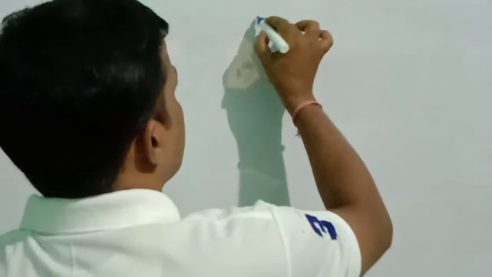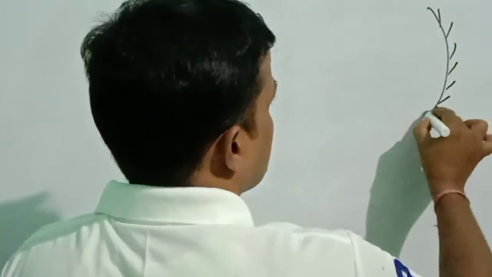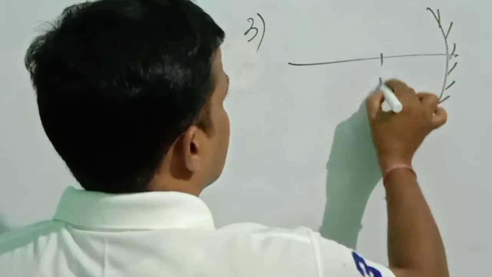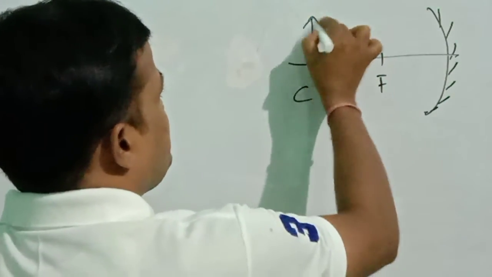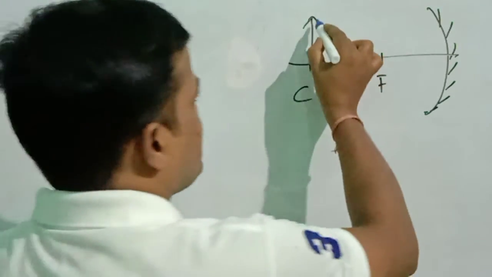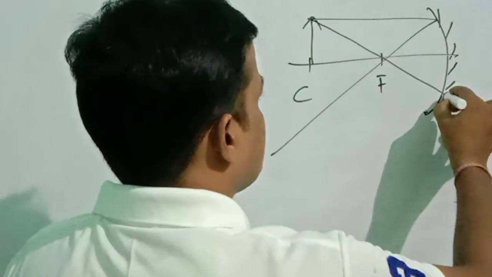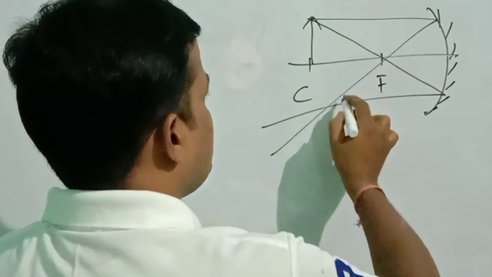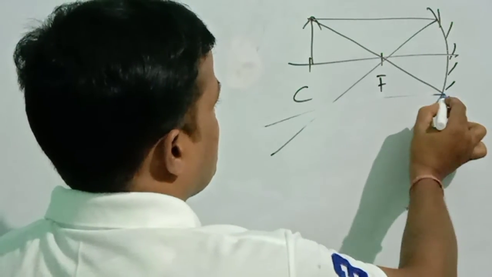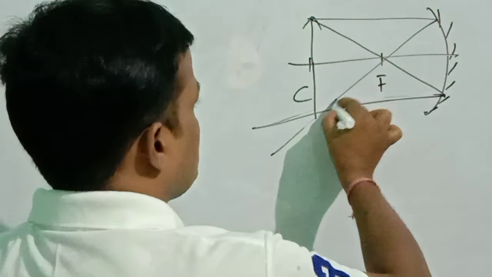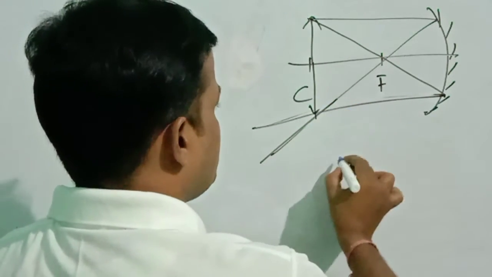Number 3, when the body is at C. If the object is at C, then what will happen? You see, this is one ray, this is another ray. Here the image is formed at the same C, and it is inverted.